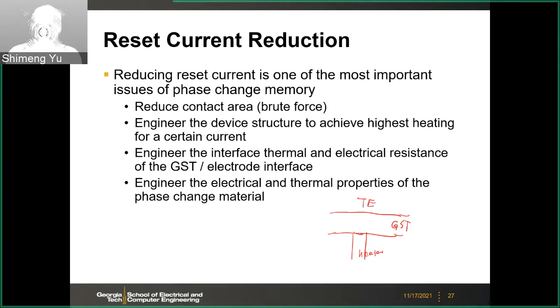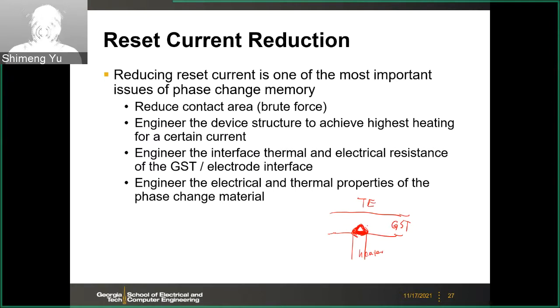So this is active region. So this is the contact area here. If you shrink this area, then the volume that you need to switch will reduce. Therefore, you just need less current to melt this part if this diameter of this heater decrease.